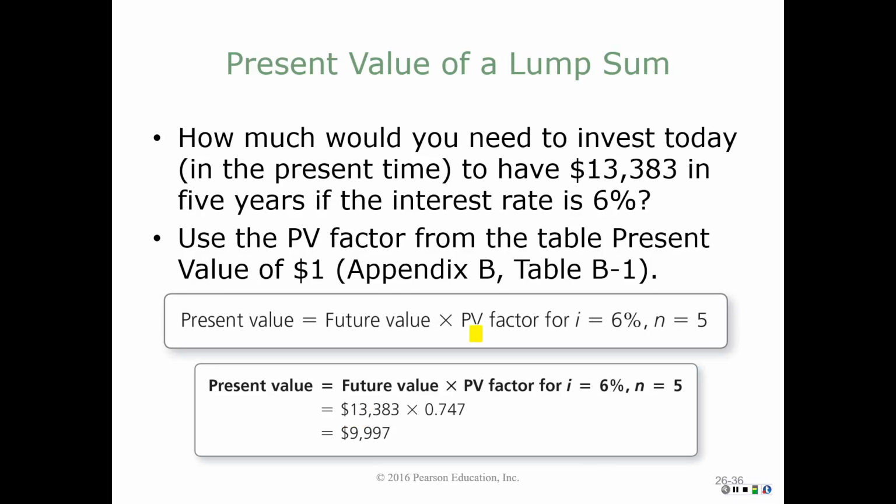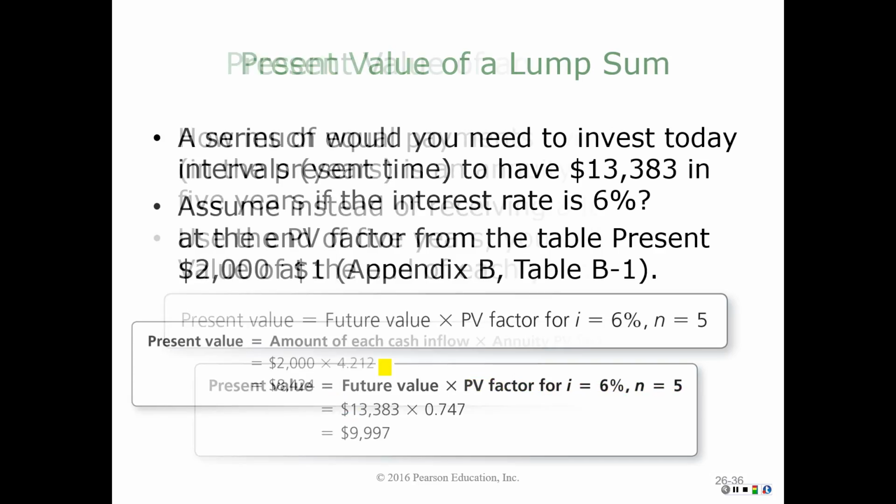If I scan across the table for 6% for 5 years, I will find the present value factor is 0.747. 0.747 times $13,383 means I would need to invest $9,997 today to have $13,383 in the future. So with rounding, this would be the $10,000 that we have seen in the prior examples.